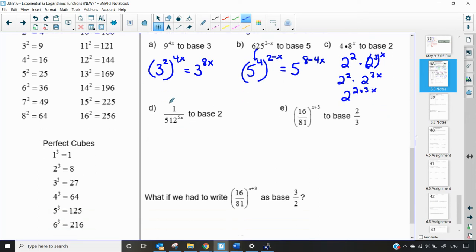All right, moving on, we've got 1 over 512 to the 5x, and we want to write this as base 2. So we'll start off by writing the base 2 in the denominator. So 512 is the same as 2 to the 5. Actually, let's double check that.